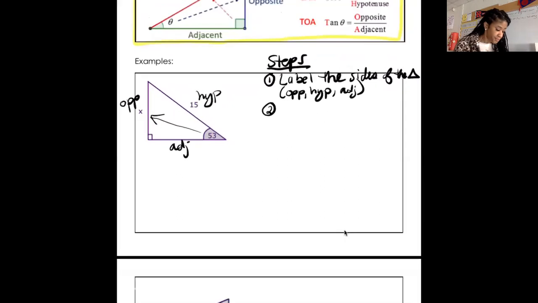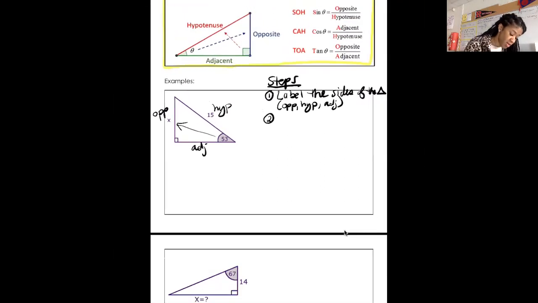This is my hypotenuse, and this is my adjacent. Same as last time. Step 2, this one's a little different. Step 2, we're going to determine which ratio to use based on the given information.